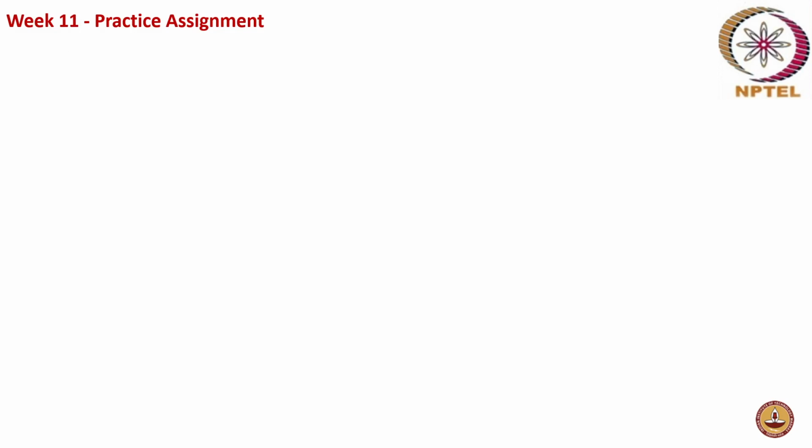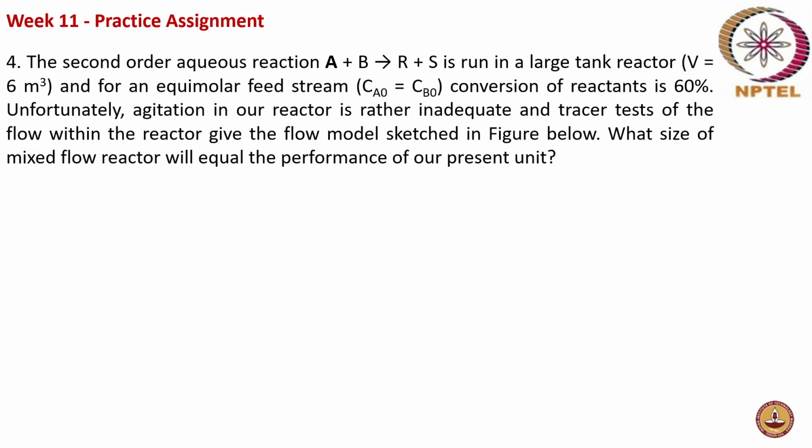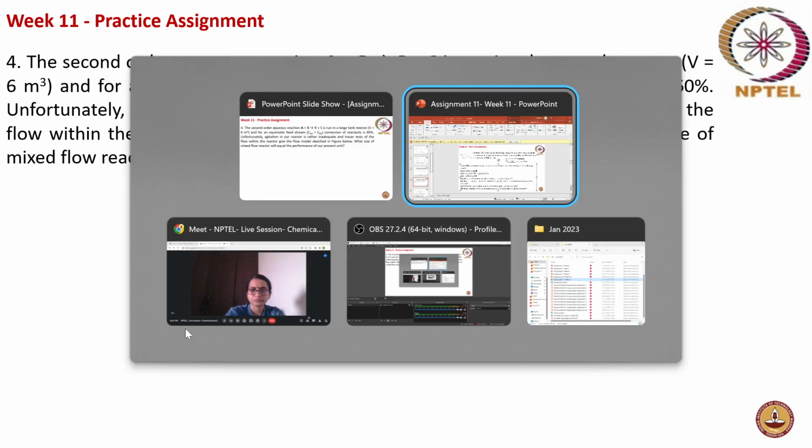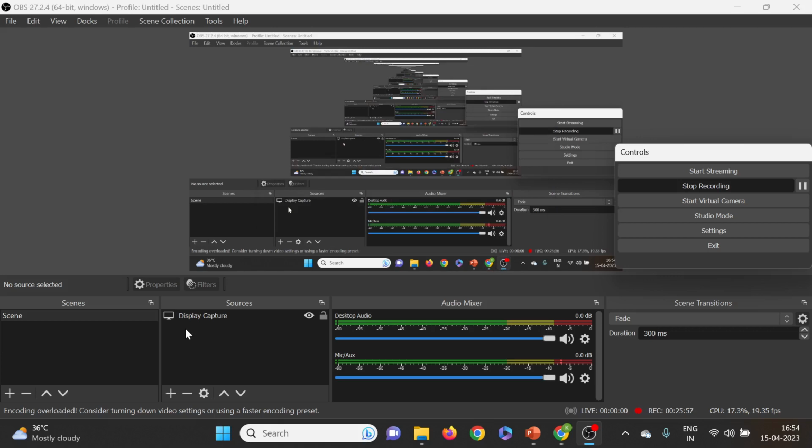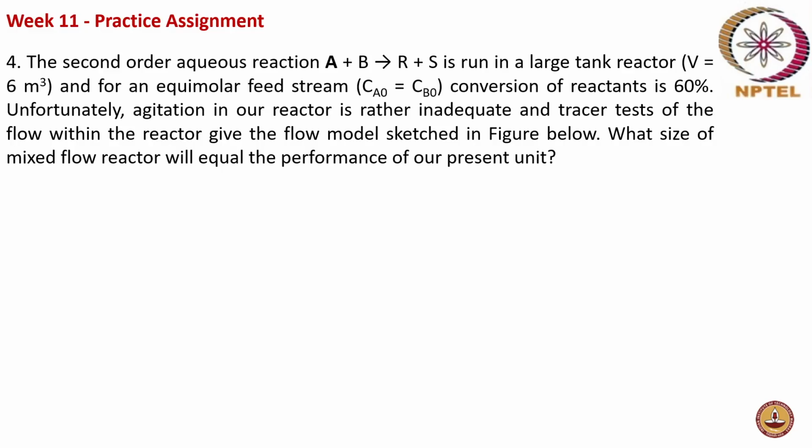Now, let's get on to question number 4. The second order aqueous reaction A plus B gives R plus S is run in a large tank reactor with volume equal to 6 meter cube.